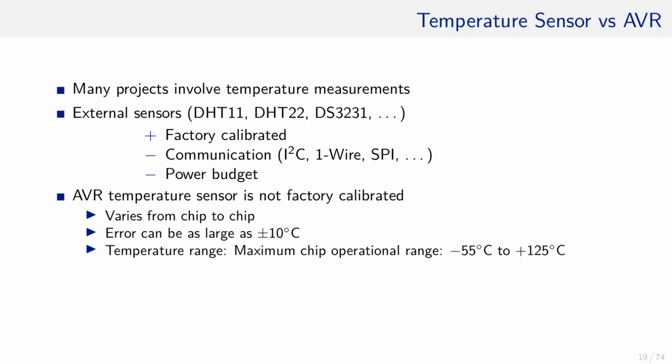Even worse, even if this temperature sensor is calibrated manually, this calibration is valid only for this particular chip and will be different even among other chips of the same model.